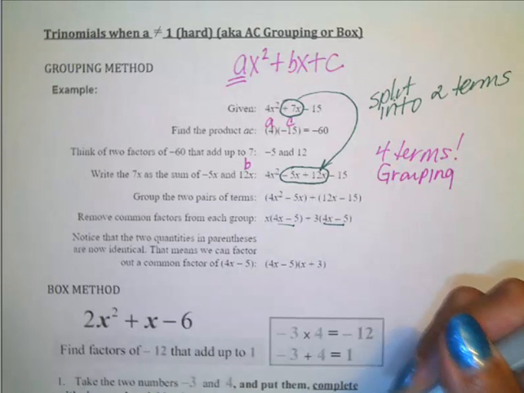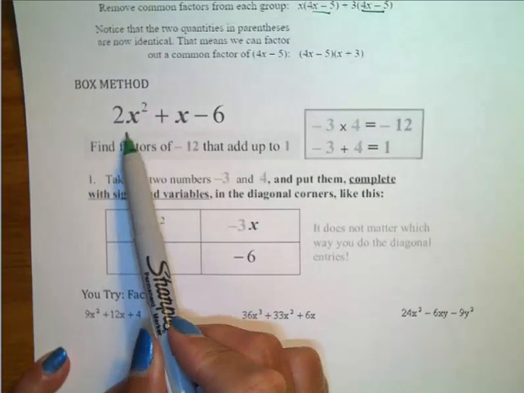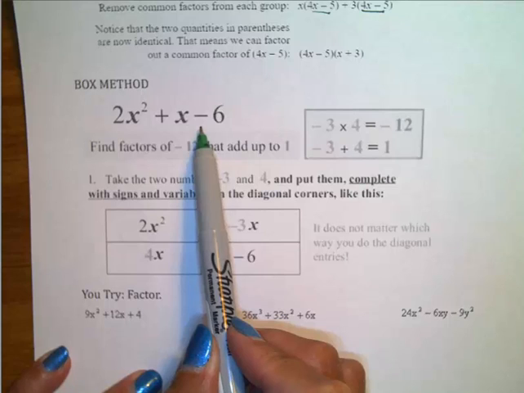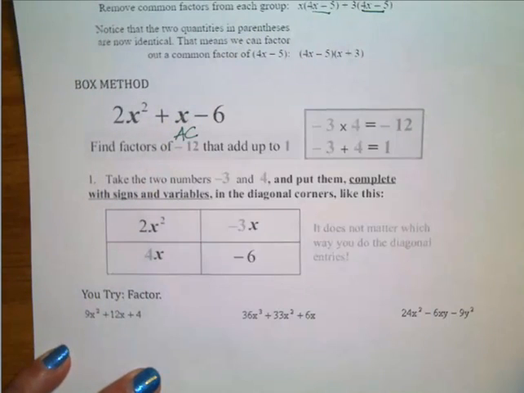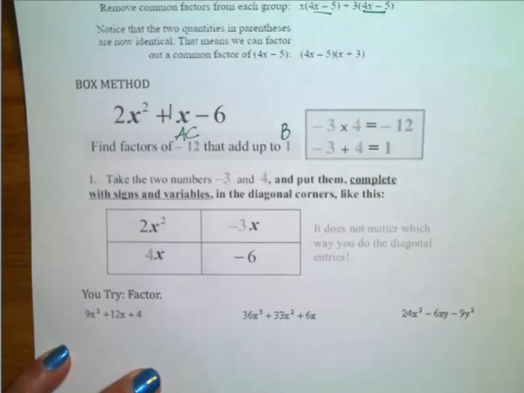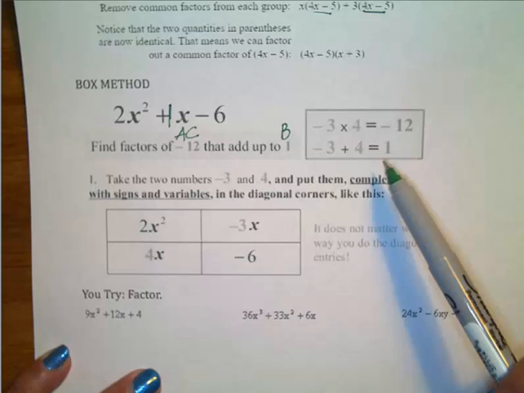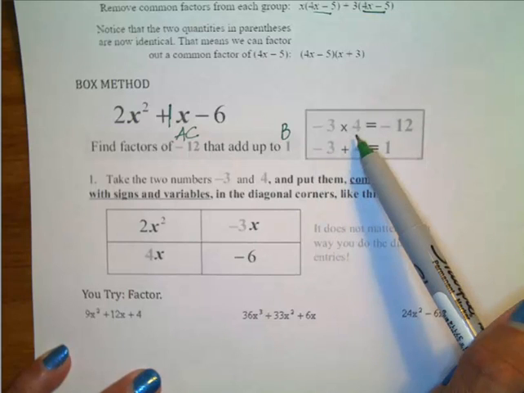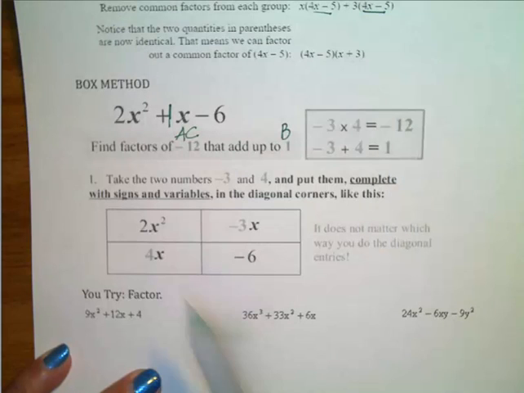So the box method just puts these 4 terms in a box. That's the only difference. So if you're looking at box method, 2x squared plus x minus 6. So a times c is negative 12, and they have to add up to your b, which is a 1. Okay. So what multiplies to negative 12 and adds to 1? Negative 3 and 4. So now instead of listing them out horizontally, I make my box.